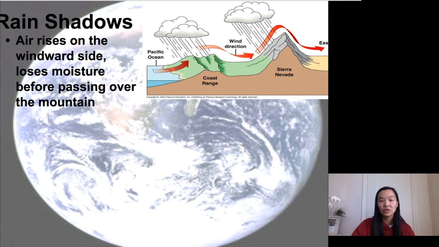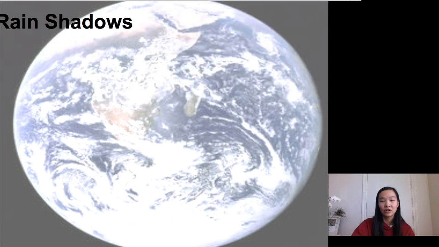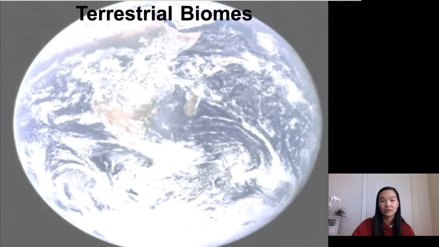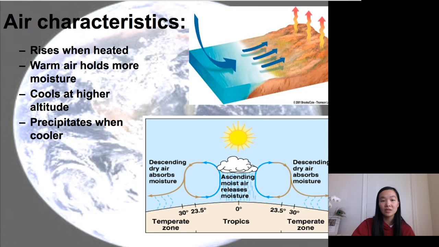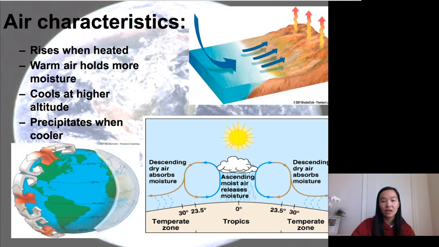And as it cools, the moisture that was in the air starts to condense, and then you have precipitation that falls on what is called the windward side of the mountain. So you get more rainfall on one side of the mountain, and then if you recall from this picture, after it rises and it cools, then it's going to come back down as dry air.